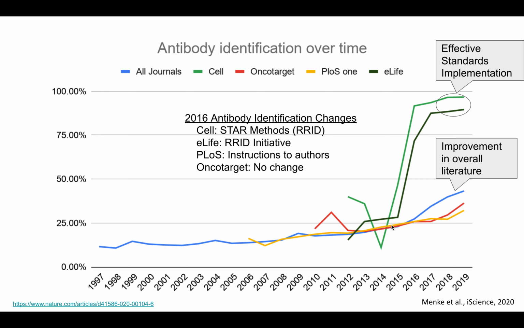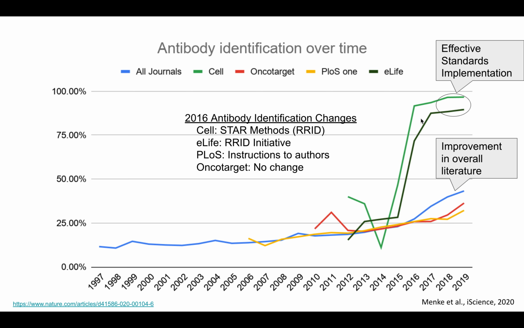And when we looked a little bit deeper at the individual journals, so now you've got a bunch of these individual lines, you can see that there are a few journals, like here, Cell and eLife, that are really driving this inflection.